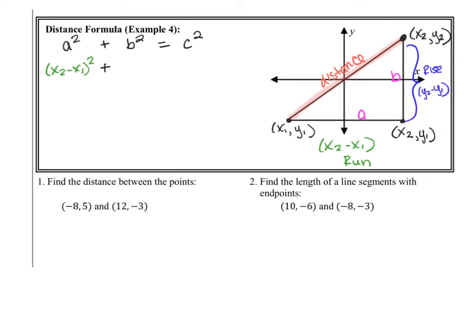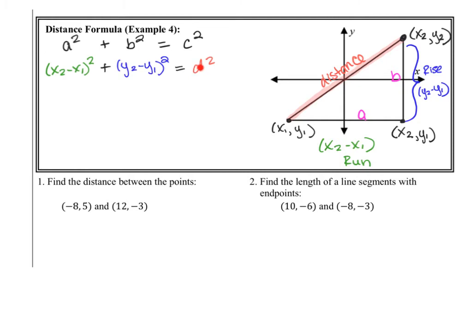So this would be plus y sub 2 minus y sub 1, squared, and then that would be equal to d squared. It's going to be d squared, remember, because c is my hypotenuse, which is right here. If I'm trying to find the distance from this point to this point, I can say that the hypotenuse is now my distance.